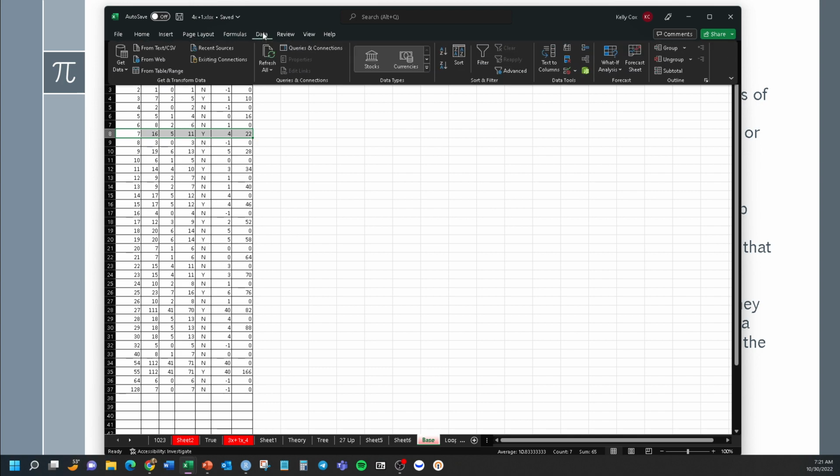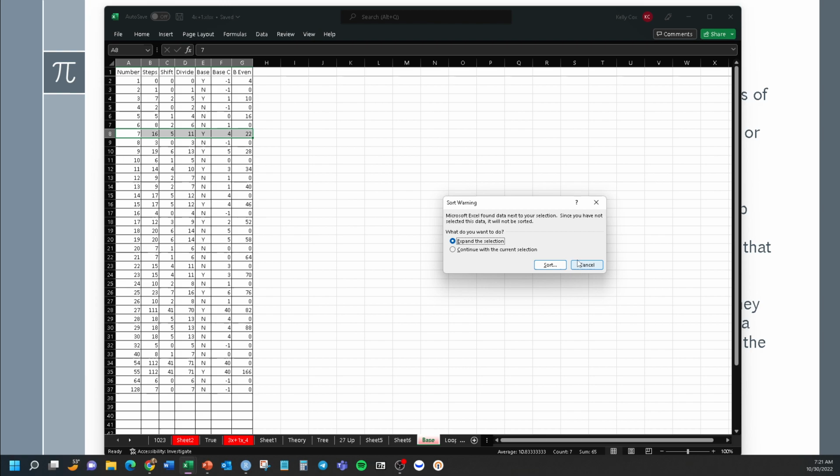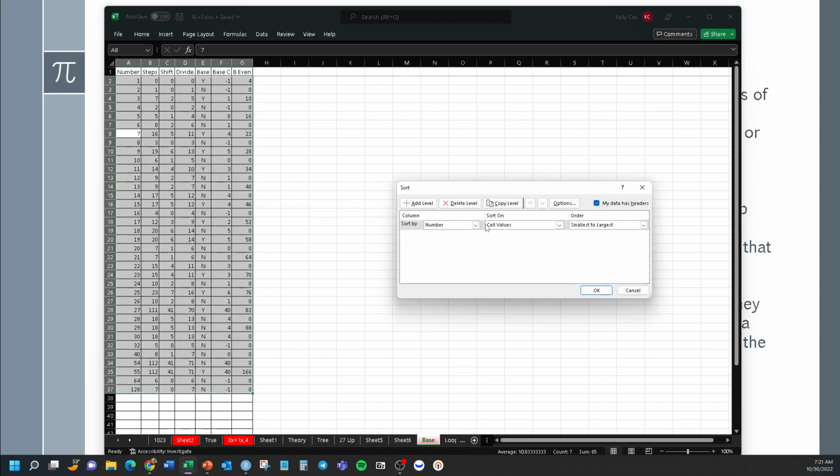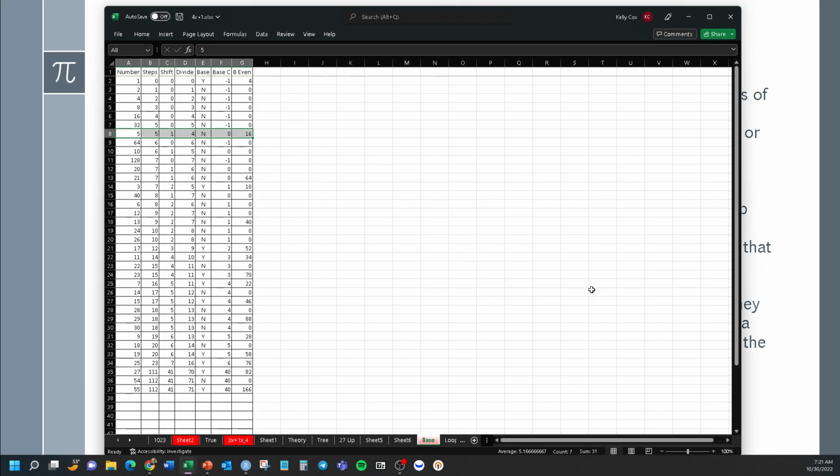If I do a sort by steps and then sort by shifts, lowest to largest, that puts these two here, and if you look, 20 goes to 10 and 21 goes to 64. So they're different. We see that change.